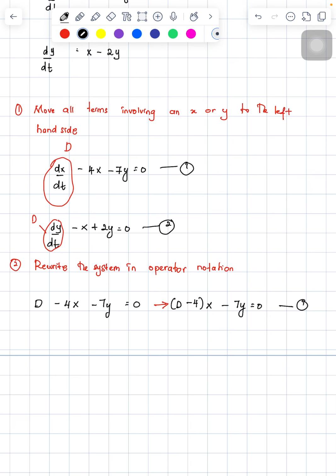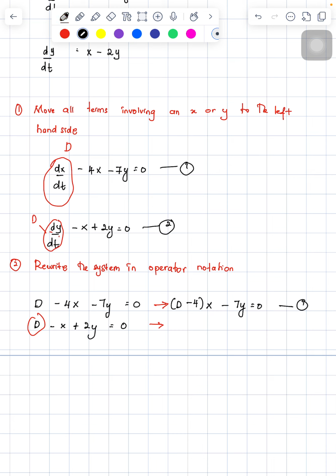For the second equation, dy over dt, so D minus x plus 2y equals 0. Since dy over dt is in terms of y, we can combine D with 2y.